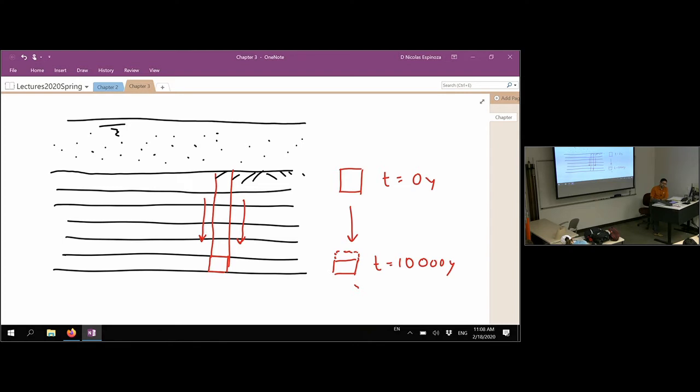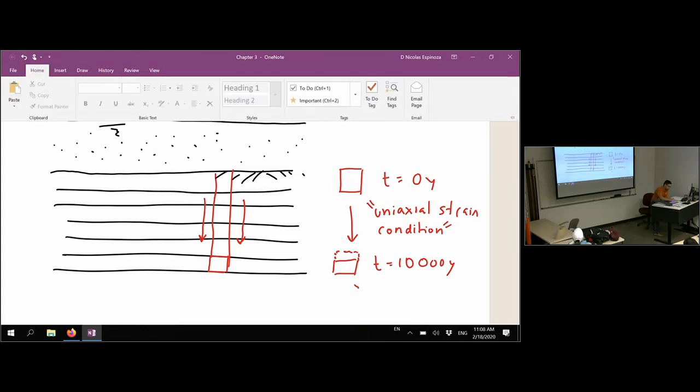And because it just compacts in vertical direction, that's what some people call uniaxial strain condition. And it means that there is just strain in the vertical direction.